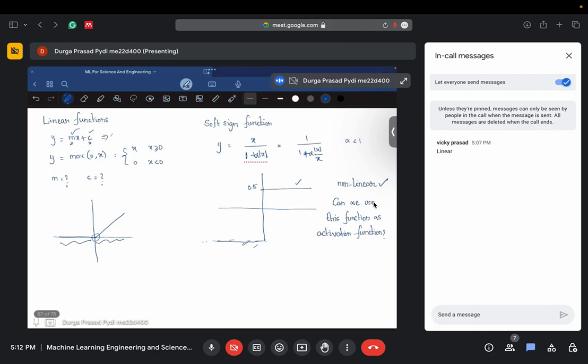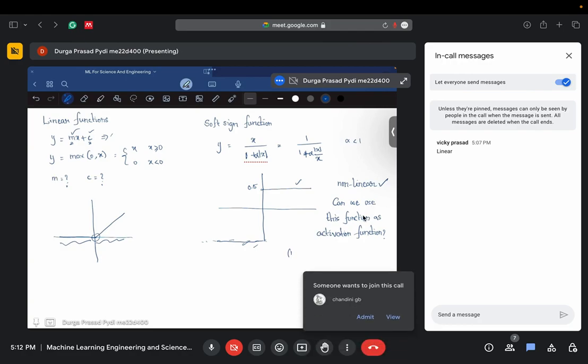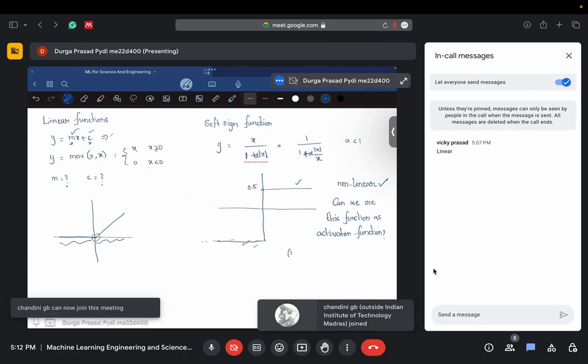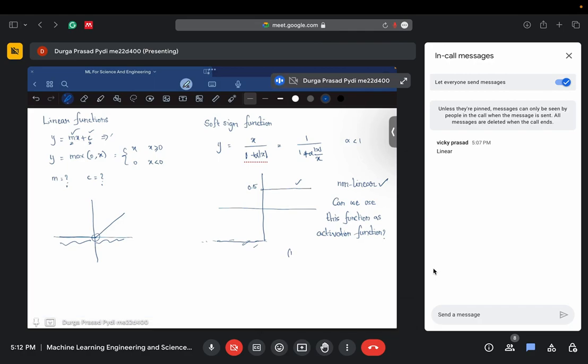So we discussed one point, that it should have this nonlinearity, which it already has. It is a nonlinear function because you cannot get unique values of m and c. So can I use this function as an activation function? Let's just stick with this function.